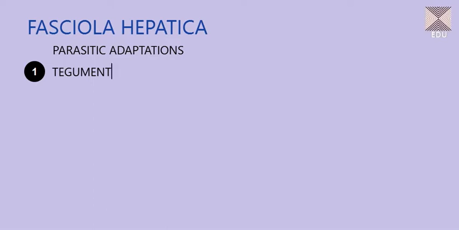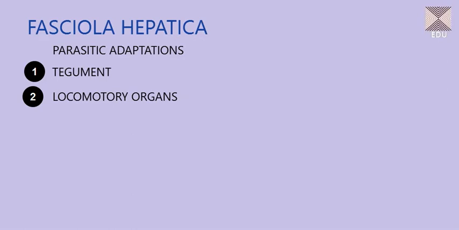Now, the second adaptation is the presence of some locomotory organs. These organs are for locomotion inside the host. Basically, these locomotory organs are absent in the adult Fasciola hepatica.